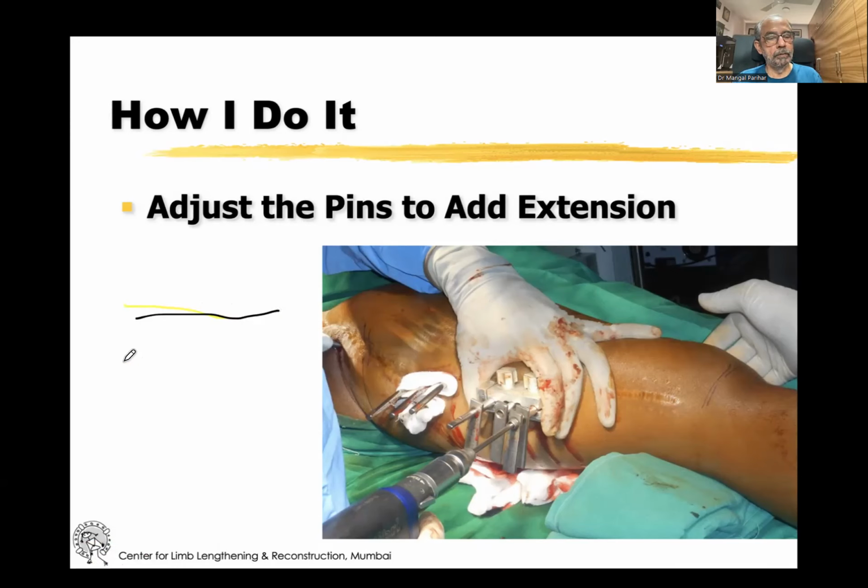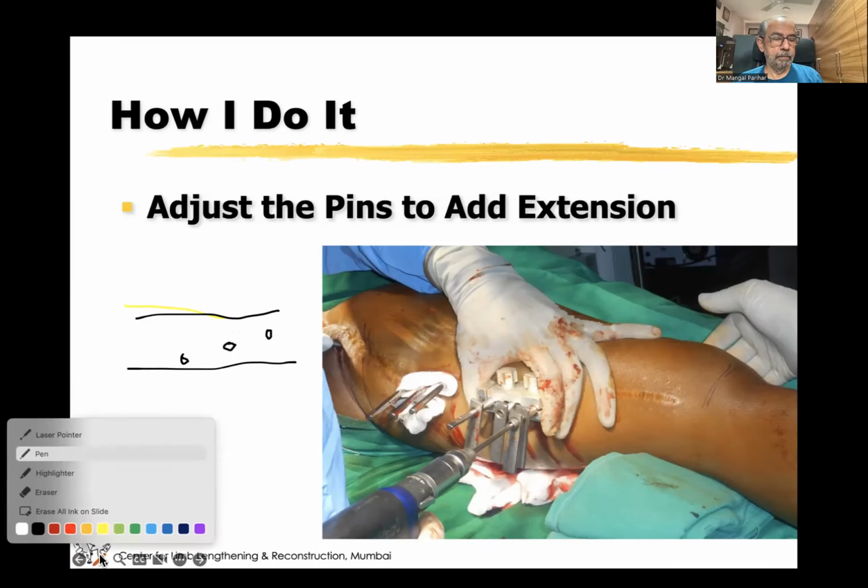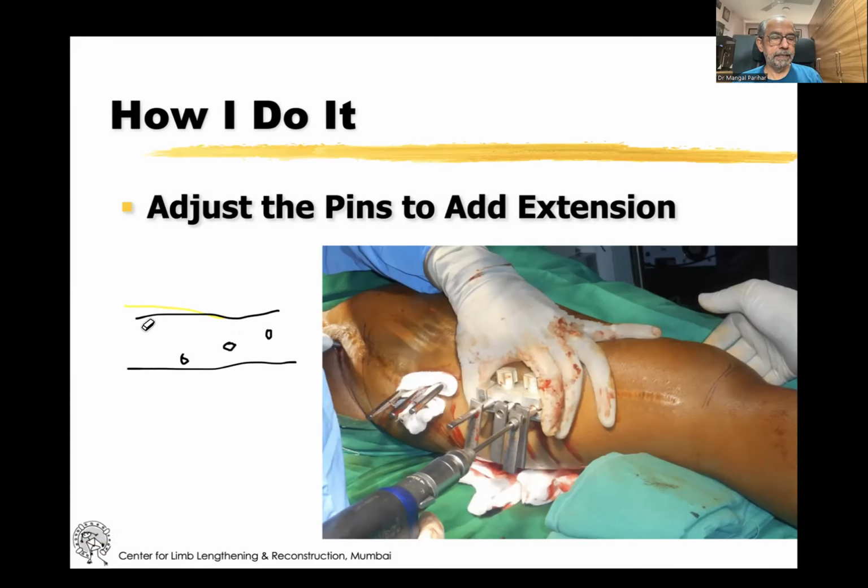That's the bone. And if you put the pins at a slight angle to each other, this is looking at it dead lateral, the moment this clamp comes onto the rail, it will create a flexion or extension depending on which direction you're doing it. Is that clear?